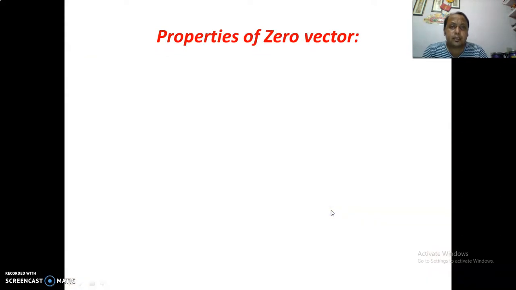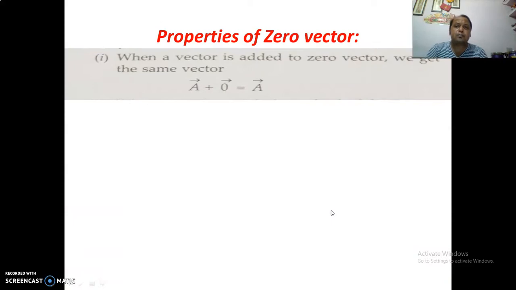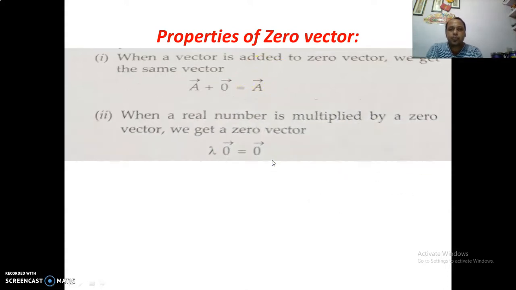Now some of the properties of the zero vector that we are going to discuss. The first property: any vector added with the zero vector will be the vector itself. Next, suppose we have a zero vector and we multiply it by a real number, suppose it is given by lambda.